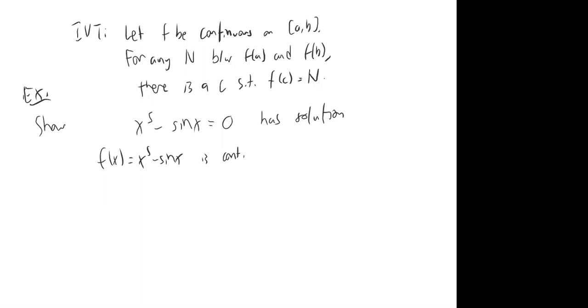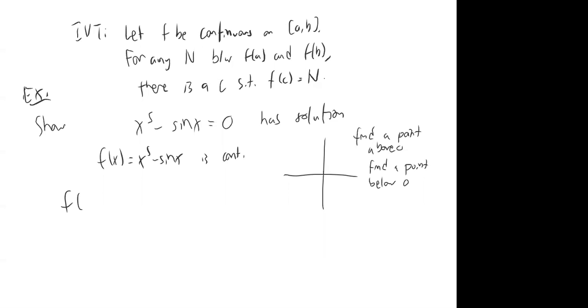I need to show there's a c. It's easy: find a point above 0, find a point below 0, and then IVT says I get every value between them, in particular 0. So give me a point where f of that point is bigger than 0.